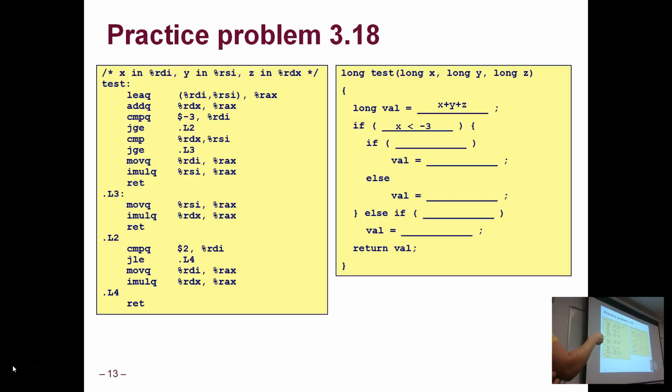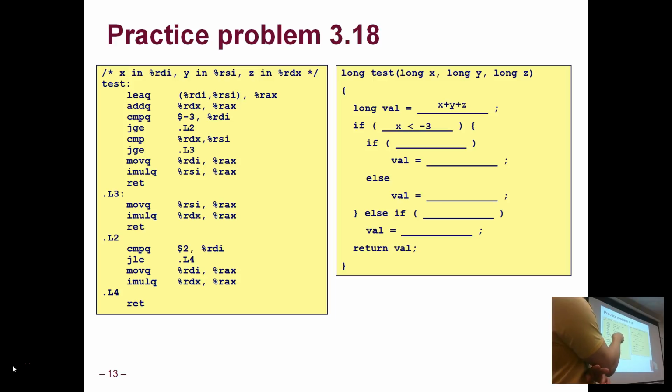The fall through of this is another compare. And that's basically going to implement this if statement. You're going to compare RSI to RDX. So RSI is Y, and RDX is Z. So you're comparing Y to Z, and you're jumping if Y is greater than or equal to Z to L3.